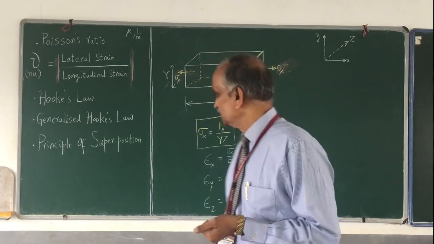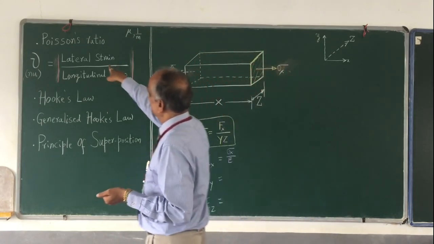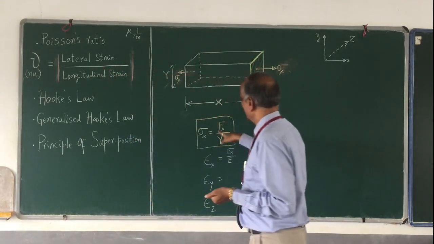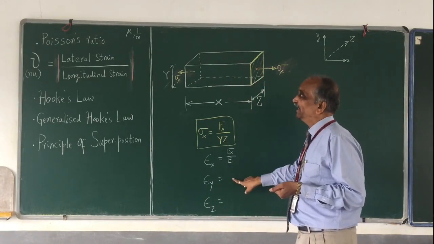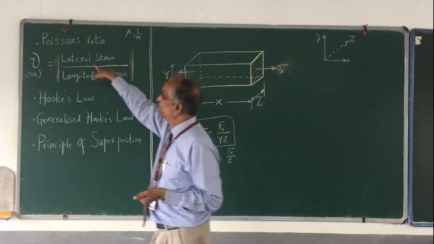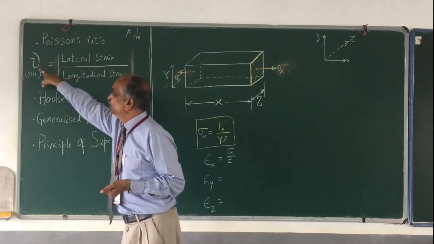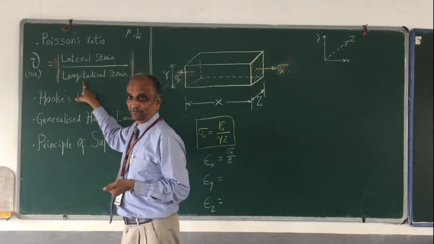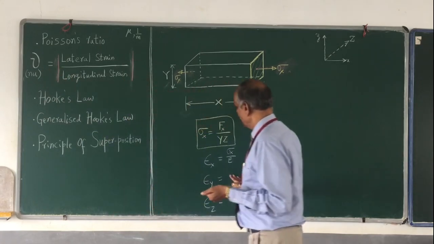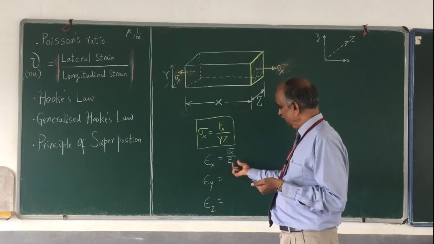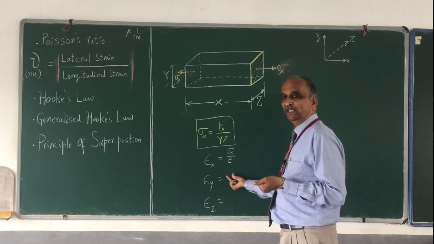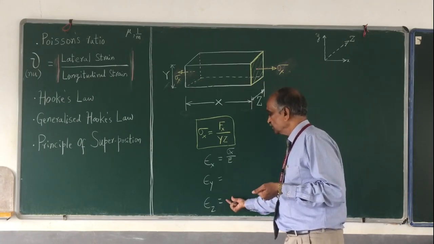That is Poisson's ratio. Now I want to calculate the strain in the y direction. Strain in the y direction is a lateral strain. Lateral strain is equal to nu times longitudinal strain. First, before you write it down, decide whether it is positive or negative. If this is positive, then this will be negative, and this also will be negative.